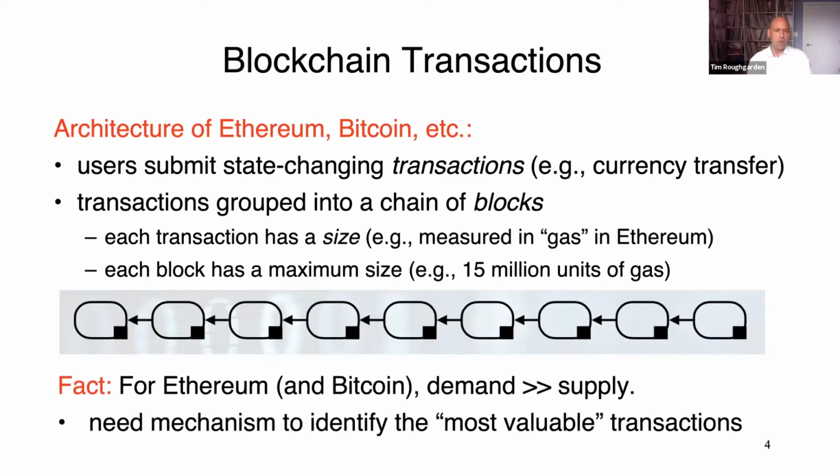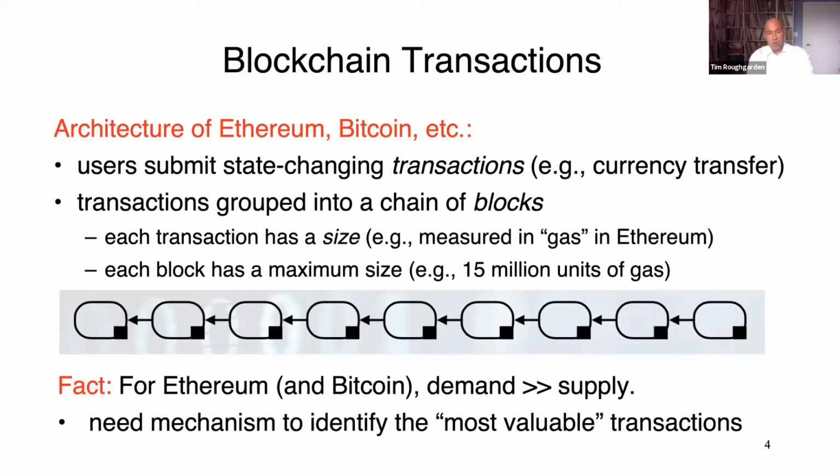Because blocks are only published so often and they're only so big, blockchains have a maximum number of transactions per second they can process. And for the really successful blockchains like Bitcoin and Ethereum, demand is much bigger than the supply. Meaning, for example, on Ethereum, many more than 500 transactions per 13 seconds would be happy to be executed by the Ethereum protocol.